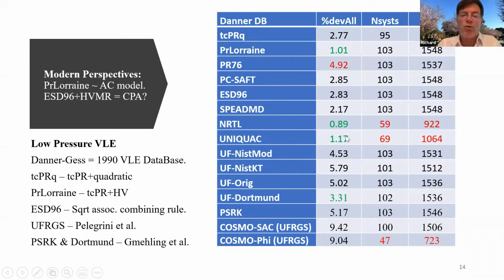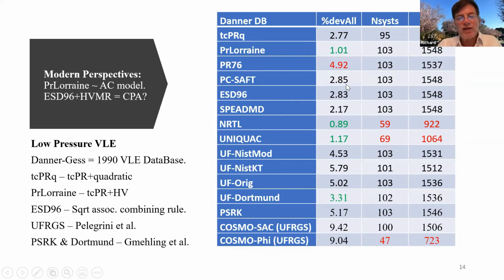What you see is you get about 1% error when you've got two parameters per binary system. And at low pressure, the PR Lorraine method has that. So it gets about 1% deviation, even for the entire database at these lower pressures.